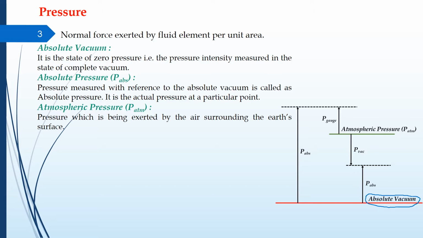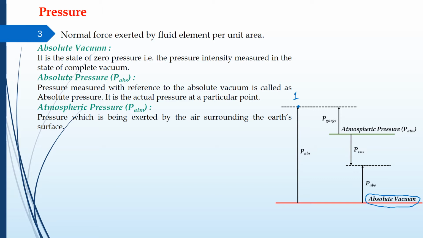Now if we move in a positive direction towards this side, certainly there will be some pressure, and it is more than zero. Suppose we are measuring the pressure over here at point 1. The pressure at point 1 will be the difference between the pressure at this point minus the pressure at this point, which was zero.